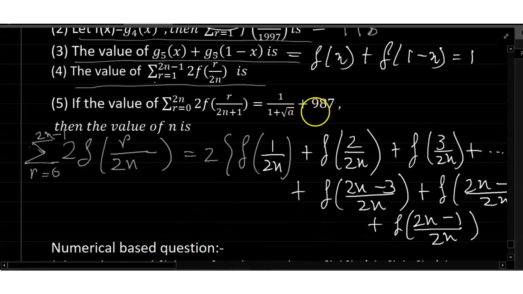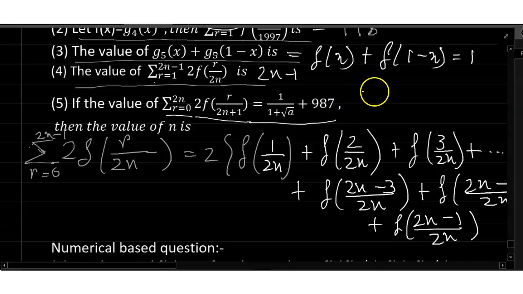Same type of problem, friends. This problem is the same type as the above problem. And now, whatever they say, the value is the summation r equals 0 to 2n of 2 f(r/(2n+1)), with f(x) equal to 1 by 1 plus root a.